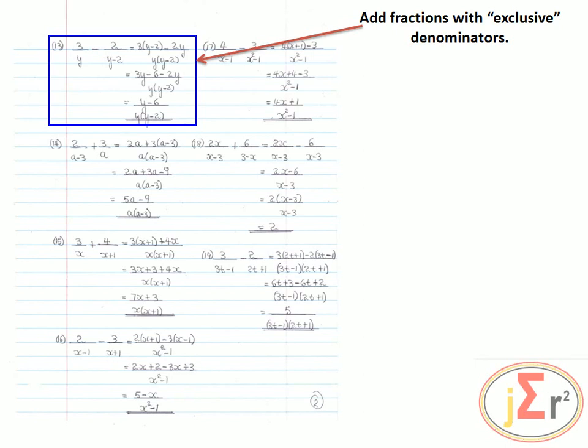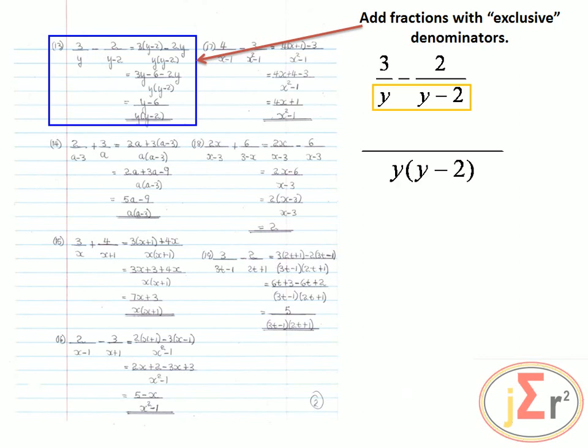And surely we have a very simple way of adding those fractions that is comprised of 3 phases. The first phase is finding the denominator of the answer, and the denominator is found by multiplying the 2 denominators. Therefore, our new denominator is y multiplied by y minus 2.